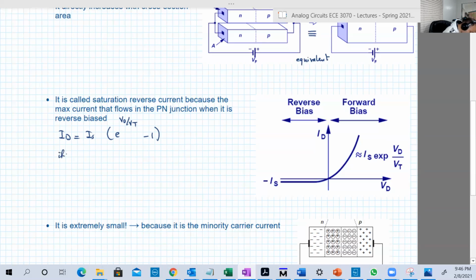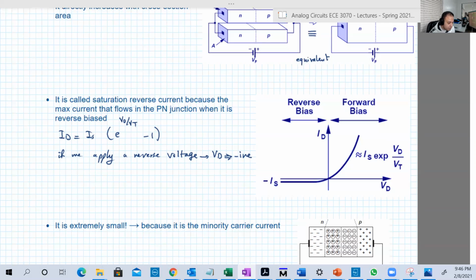So if we apply a reverse voltage, VD will be negative. It's a rule. If you put forward voltage, VD is positive. If we put a reverse voltage, VR, like last lecture with the varactor, for example, VD will be negative.